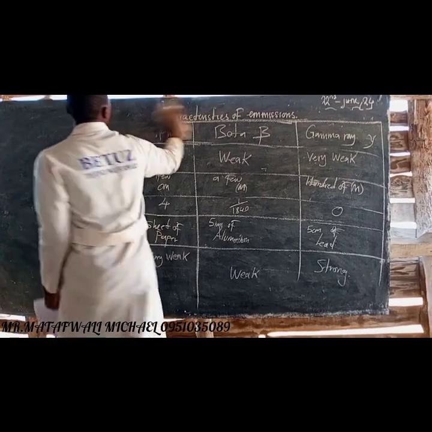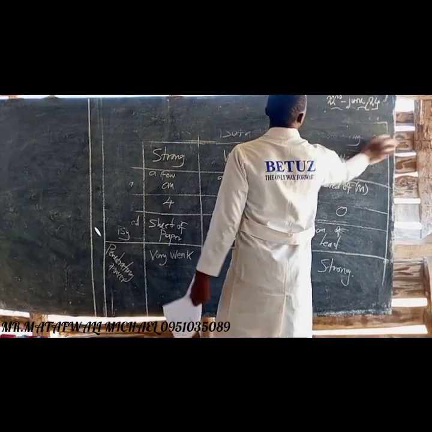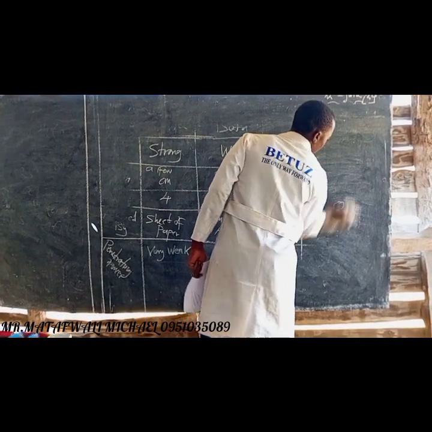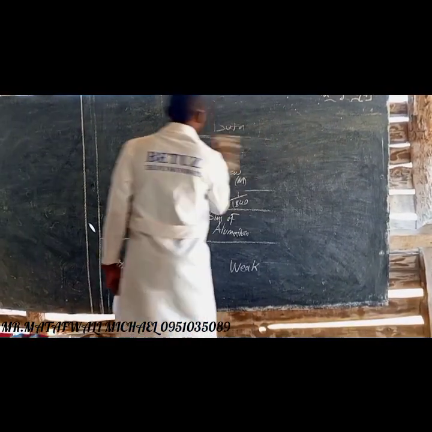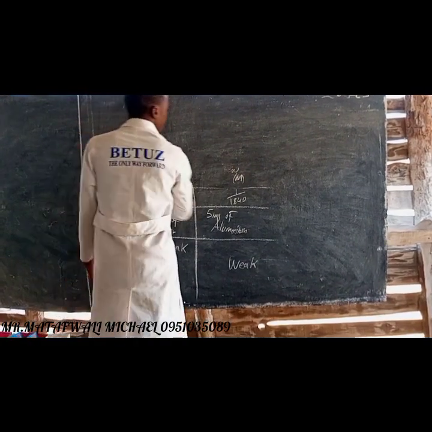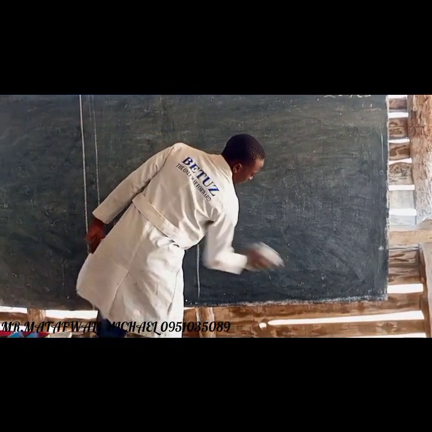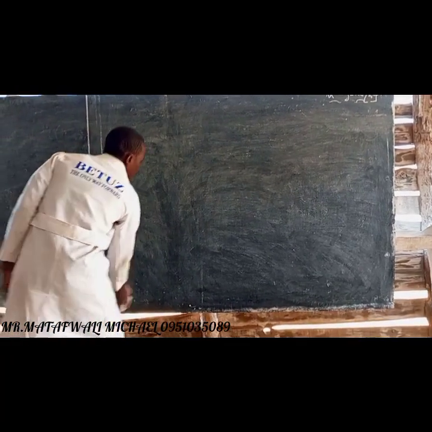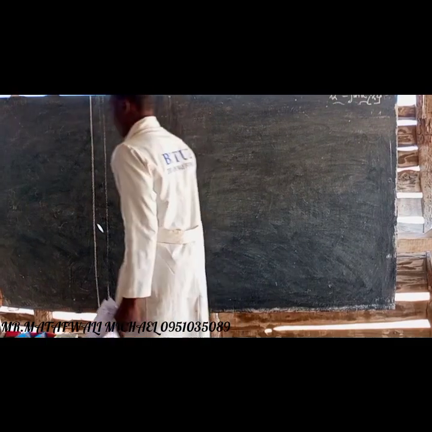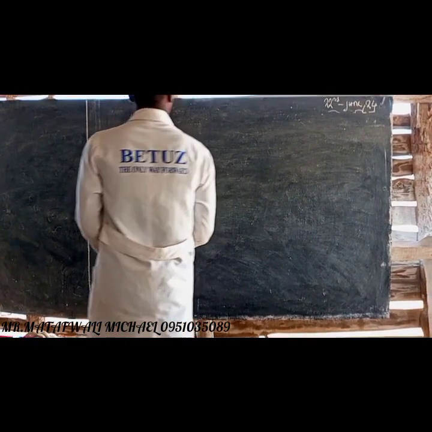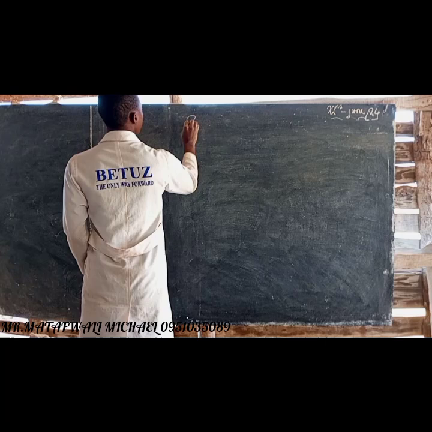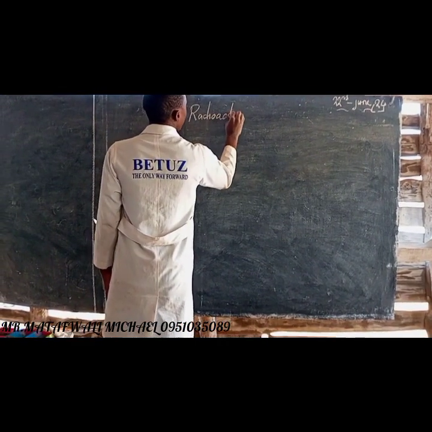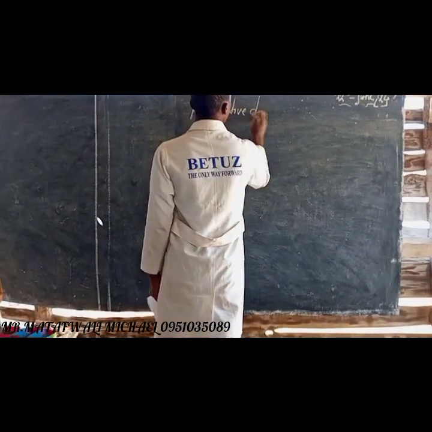Questions on characteristics of emissions come up in multiple choice questions, so it is a must to know all the characteristics. So we are going to look at radioactive decay.